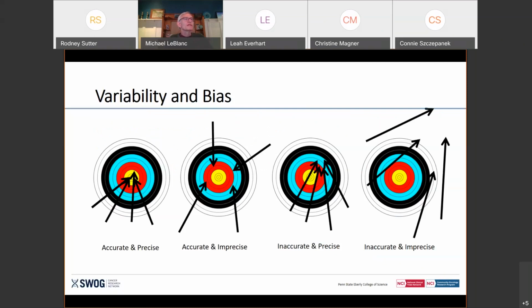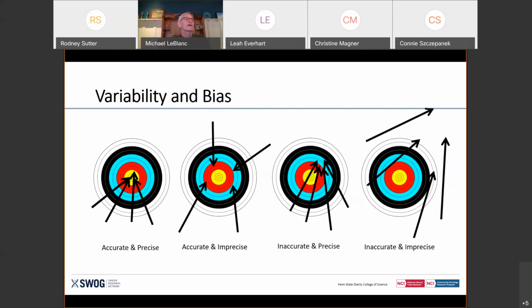So this is a plot taken from a colleague that shows these concepts in graphical form. I think several of you have seen this slide before. On the left-hand side, accurate and precise, that's represented here by a bullseye, and all those arrows are going to the middle. Accurate and imprecise would be high variability but low bias.